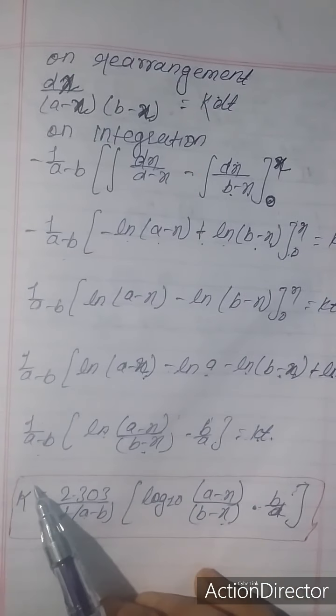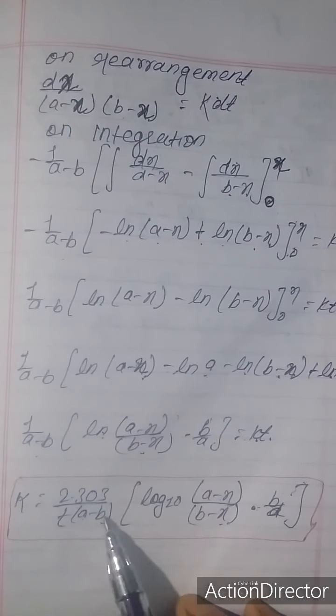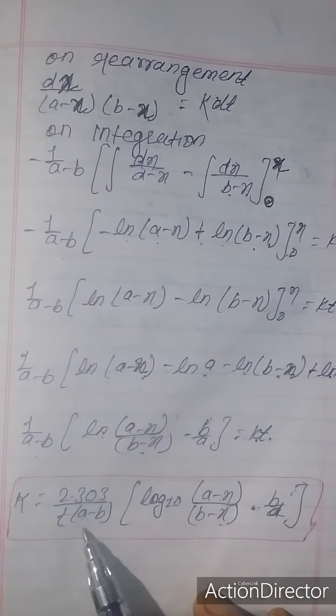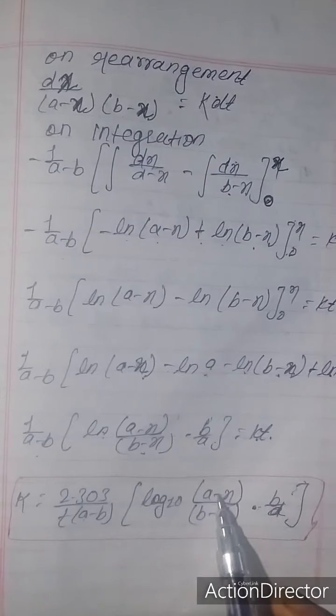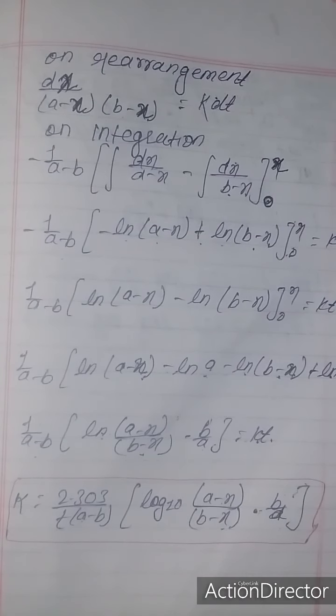So k will be equal to 2.303 upon t, from here it is coming a minus b, log base 10 of (a minus x) b upon (b minus x) a. So this will be the rate law equation for second order when both the reactants are different.